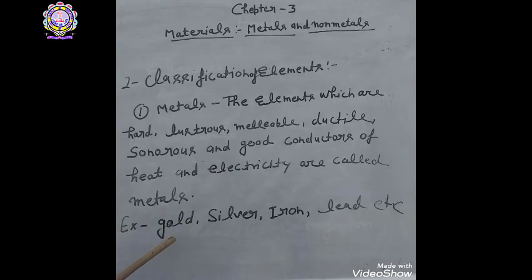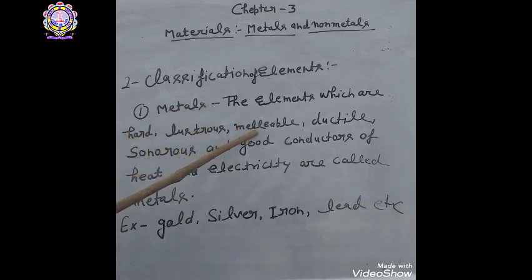For example, gold, silver, iron, lead, etc. are all metals. Here we explain these properties of metals. Hard means tough, luster means shiny. Metals are mostly shiny, so lustrous materials are shiny materials.